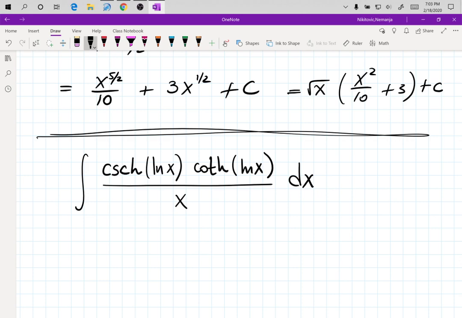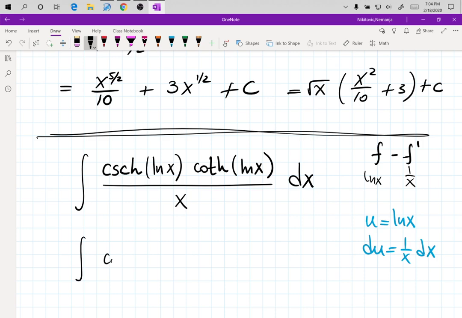So when I go here and look for a function-derivative pair, I see that I have ln x and I have 1 over x. That's a u-sub right away, because u equals ln x and du equals 1 over x dx is exactly what we need to solve this problem. So I have the integral of cosecant hyperbolic u cotangent hyperbolic u du.